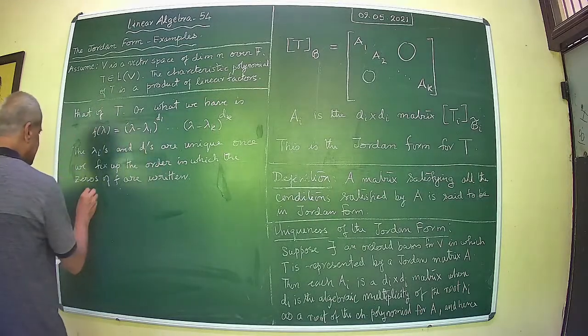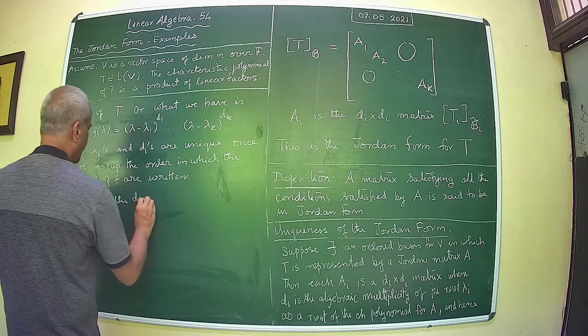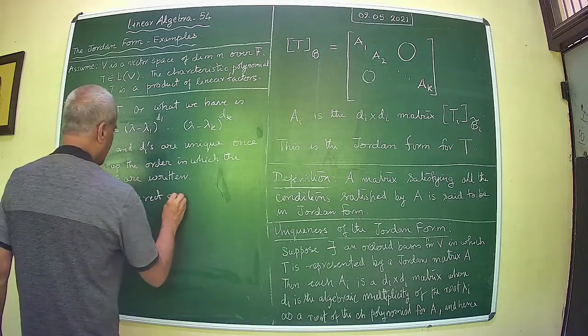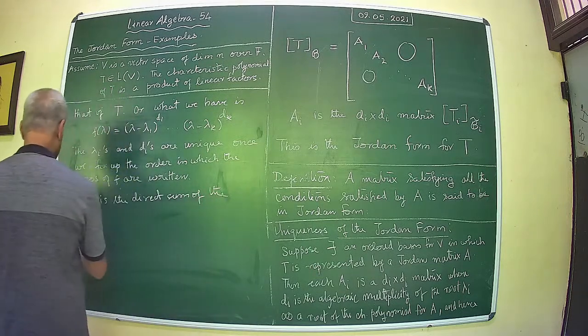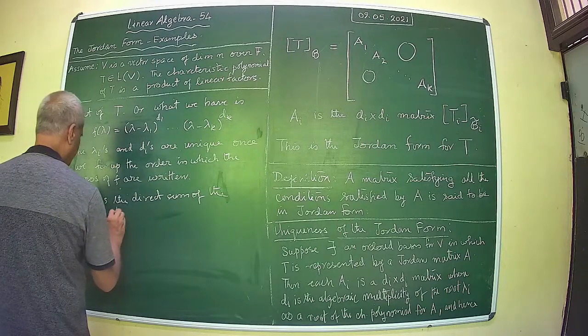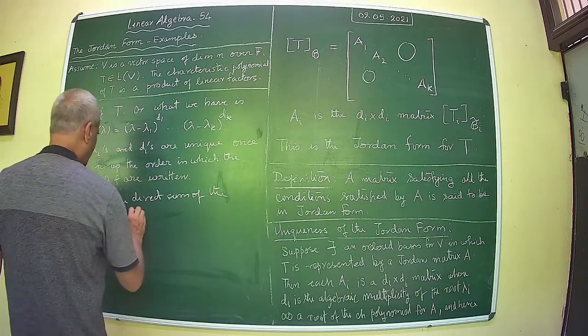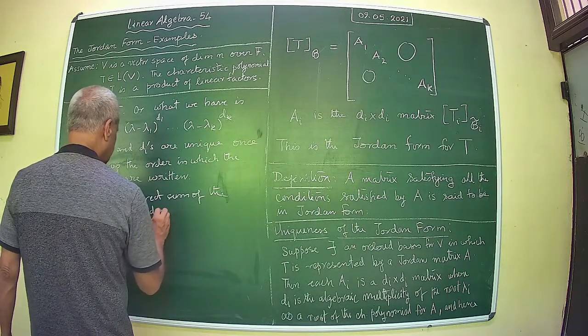Now A is the direct sum of matrices AI of this DI cross DI size.